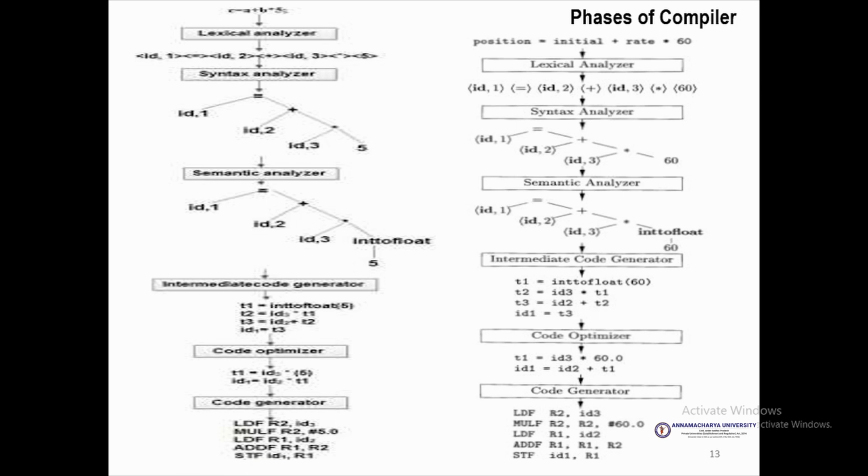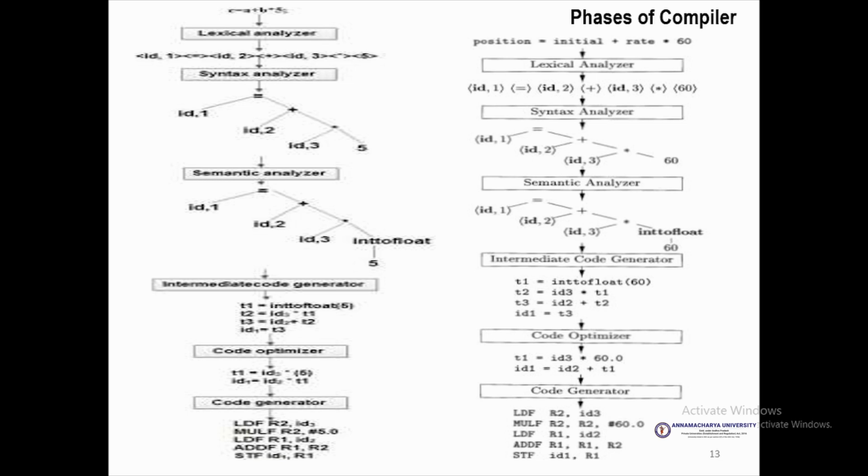Next, this syntax tree is given as input to the semantic analyzer. The semantic analyzer generates a meaningful syntax tree as output, called the abstract syntax tree, which is the input to the next phase.